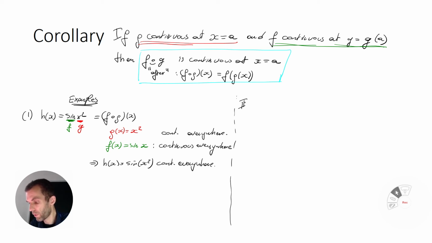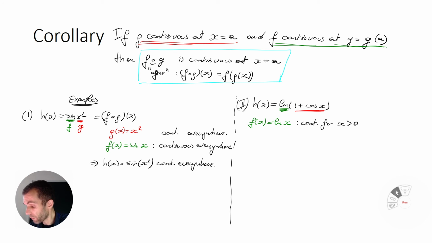For the second example, we take h of x equal to ln of 1 plus cosine x. Here the outer function is ln, and the inner function is 1 plus cosine x. For the outer function ln x, we know that it's continuous for x positive, and for the inner function 1 plus cosine x, we know that it's continuous everywhere.